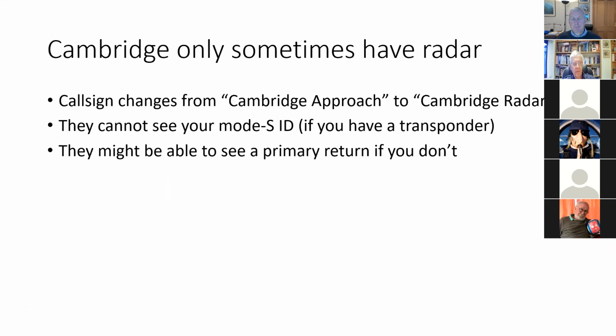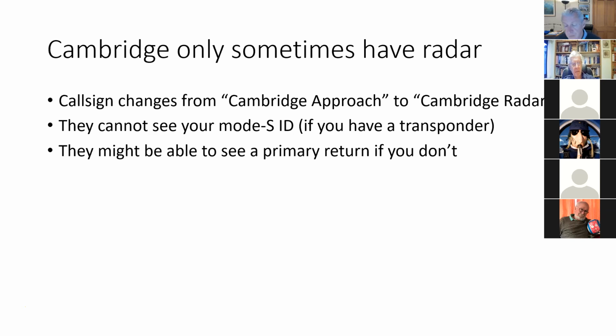They do have a radar system, but only sometimes. So if when you're listening on frequency, they talk about Cambridge Approach, they don't have radar. But if their call sign is Cambridge Radar, they do have radar. If you've got a transponder, their system is old enough that they can't see your Mode S ID.